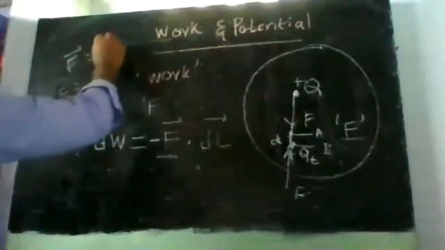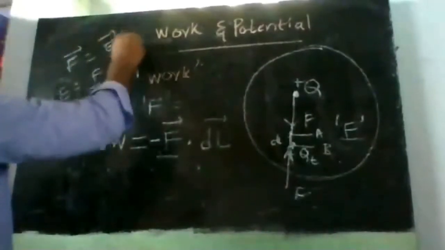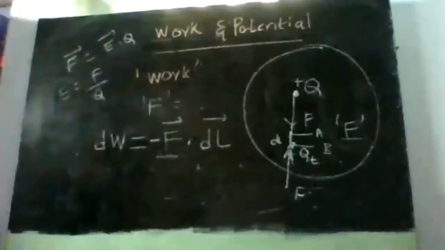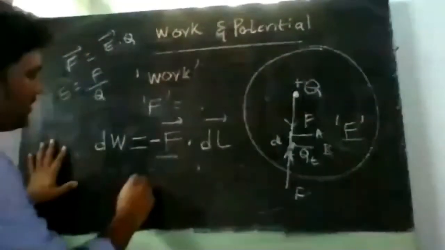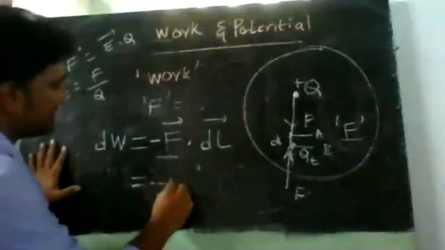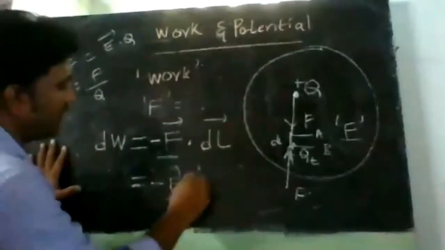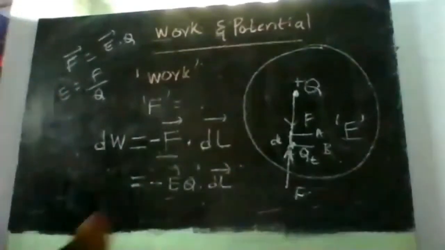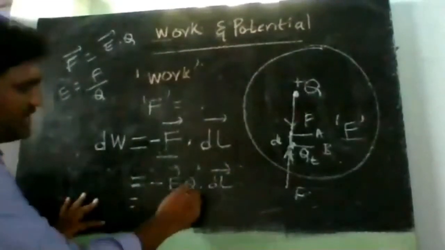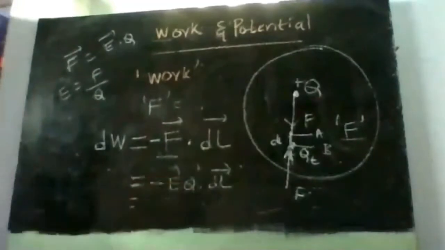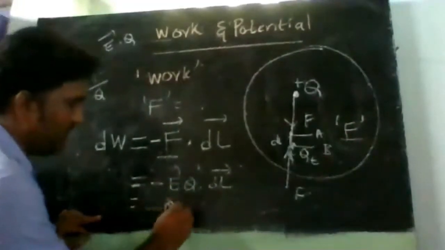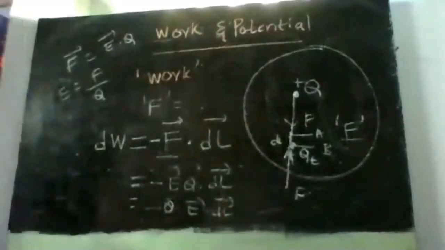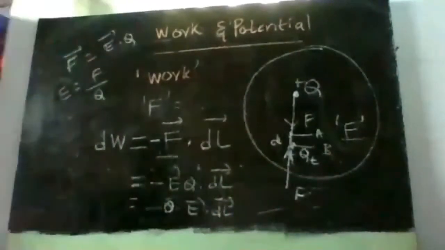So F bar can be written as E bar into Q. If I substitute that, dW is equal to minus E bar into Q dot dl bar. Charge is a scalar quantity, so I can put it outside: Q into E bar dot dl bar. This is my work done.